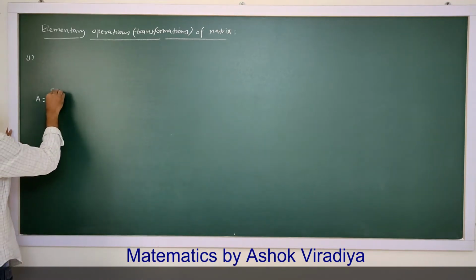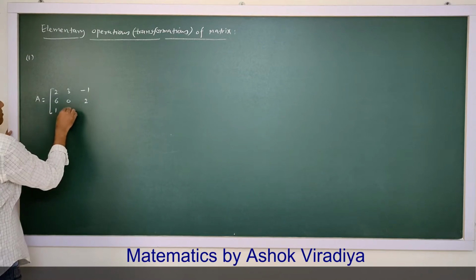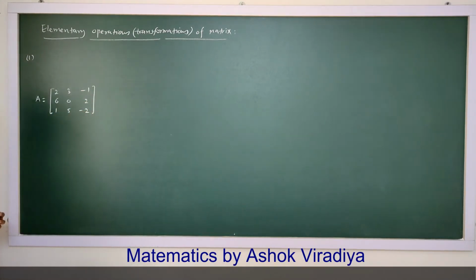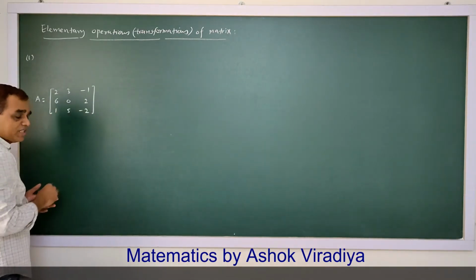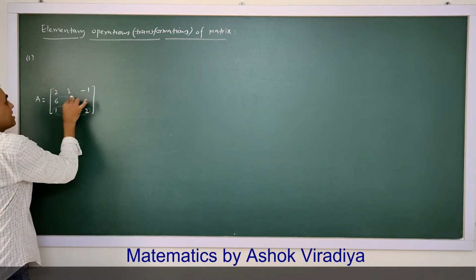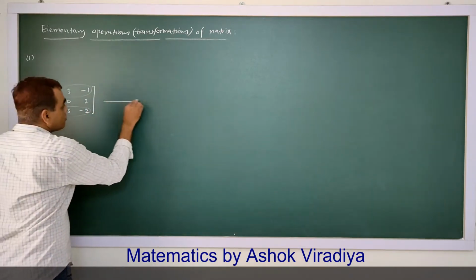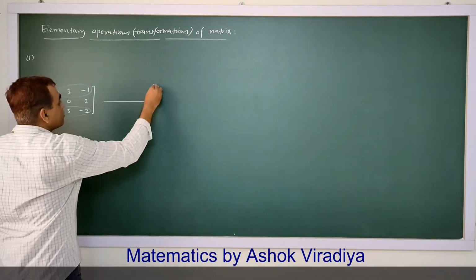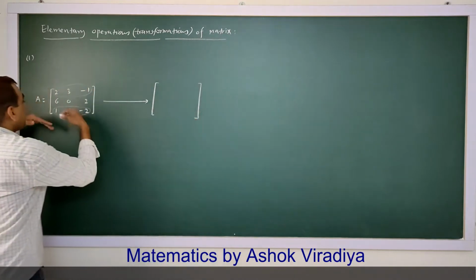Matrix A is 2, 3, minus 1, 6, 0, 2, 1, 5, minus 2. This is matrix A. Now, the first operation is, suppose I want to interchange the first and third rows among themselves. So what we do, first row and third row, I am interchanging.